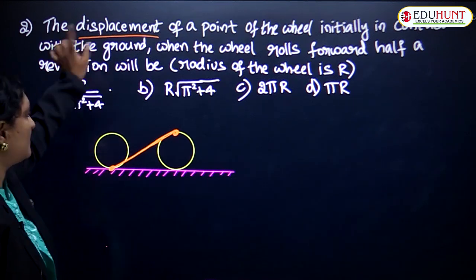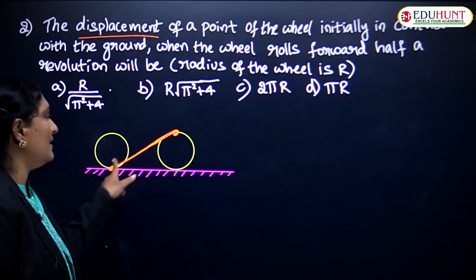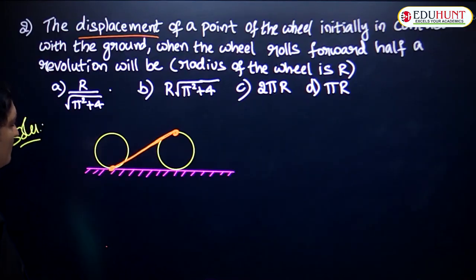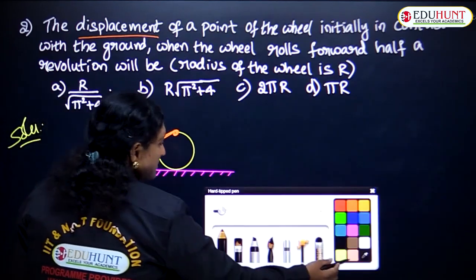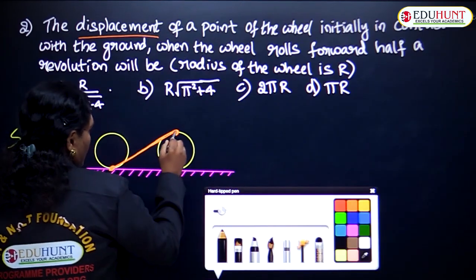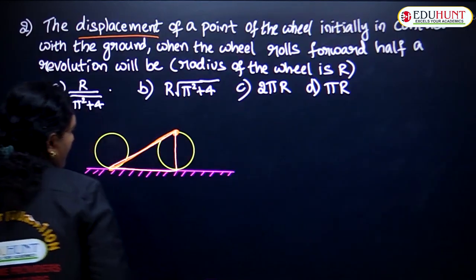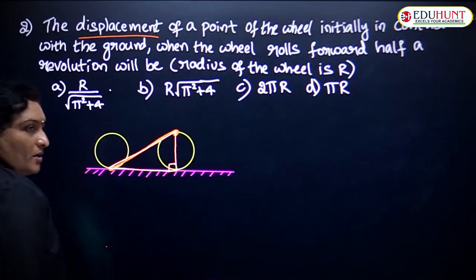So you need to find the length of this orange colored line. For that, again imagine a right angle triangle, isn't it children? In this right angle triangle, this will be your hypotenuse.